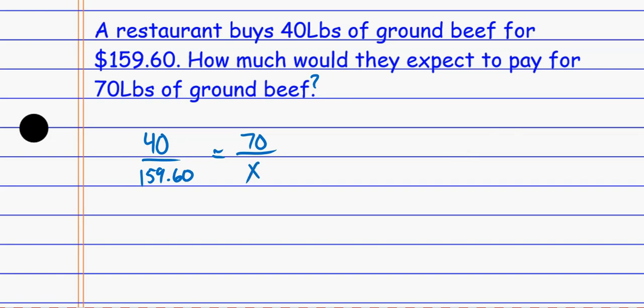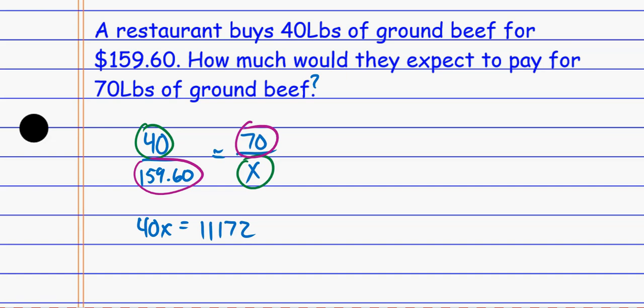And now once again, this is a job for my calculator. I'm going to cross multiply. 40 times x is a 40x. This other one, 70 times the 159.60, I'll just punch into the calculator. And that gives me 11,172.